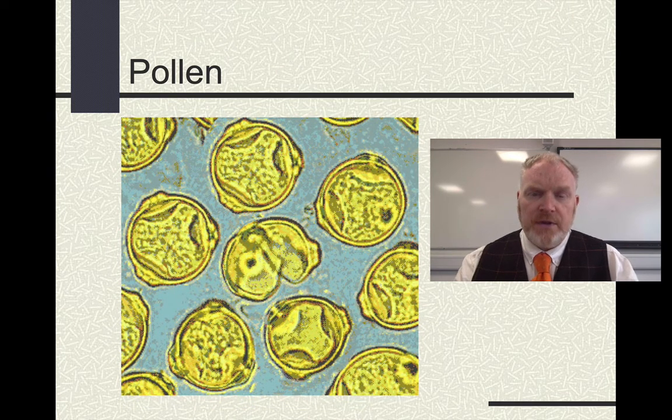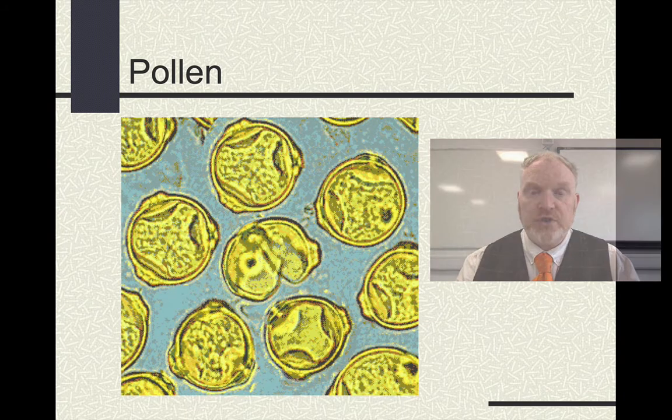Fossil pollen itself is a bit more battered than the fresh pollen I showed you earlier, but it is distinctive. And with a little bit of practice, you can recognize the key types of pollen, particularly tree pollen, that will enable you to make a reconstruction of the climate.